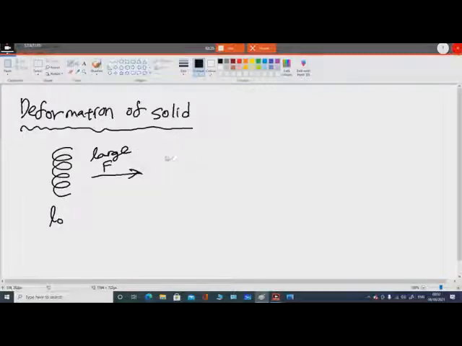We know that this spring will be extended until very long. This is our L.